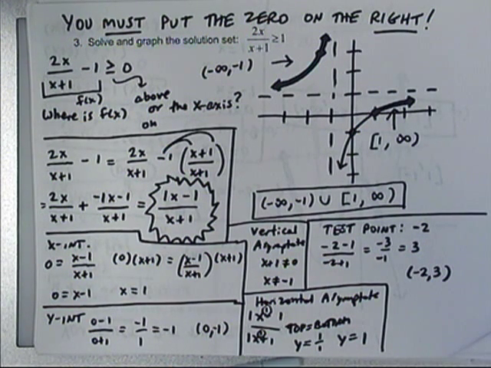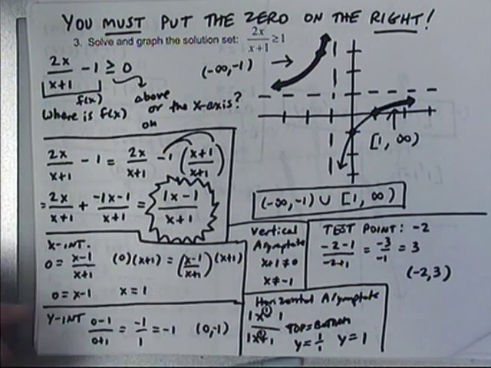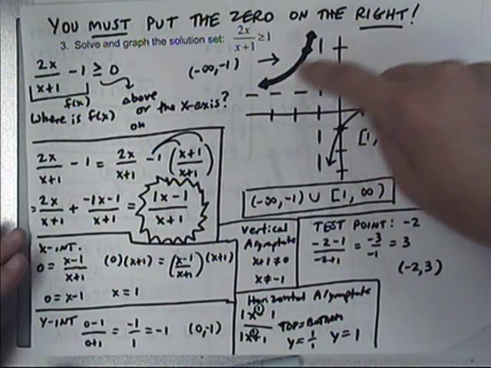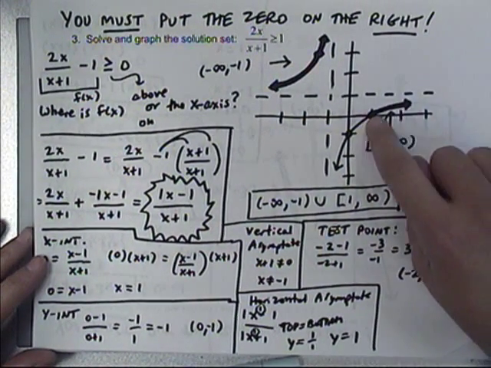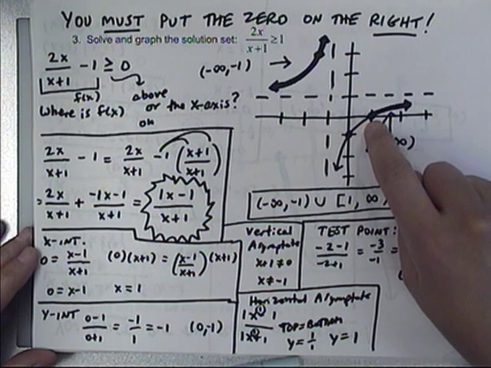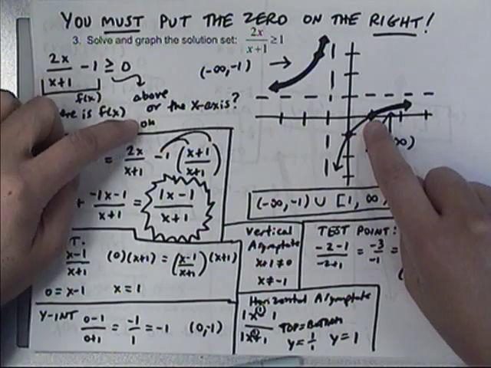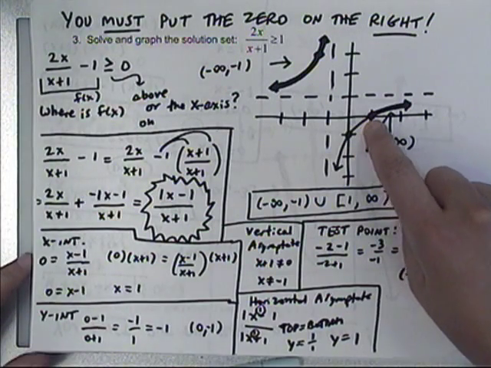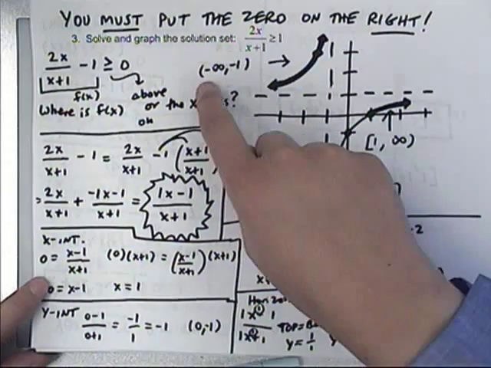And then finally, going back to the original question, where is the graph above or on the x-axis? Well, this whole section up here is above the x-axis, and then this part right here is above, and then that little point right there, my x-intercept, is on the x-axis. So I'm going to count that too, because they want us to tell them what is on the x-axis. This section on the left goes all the way to -infinity.